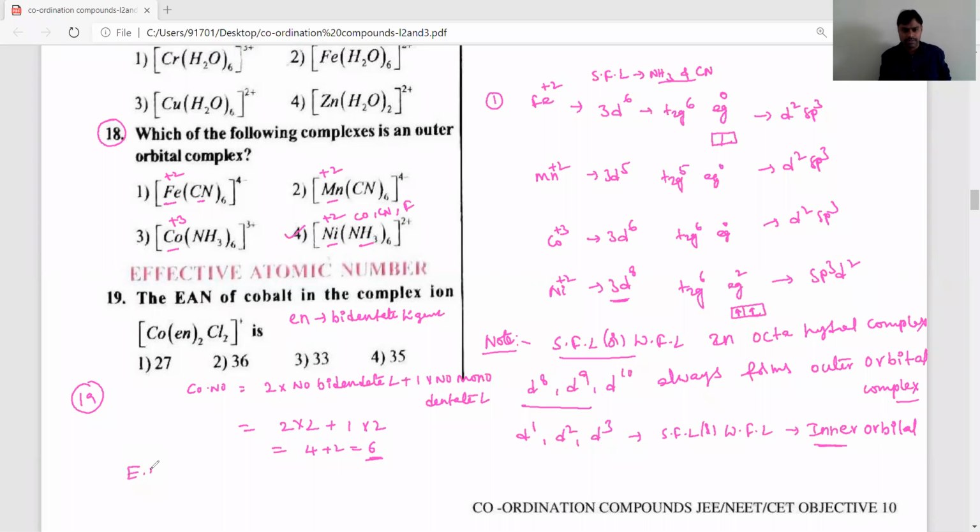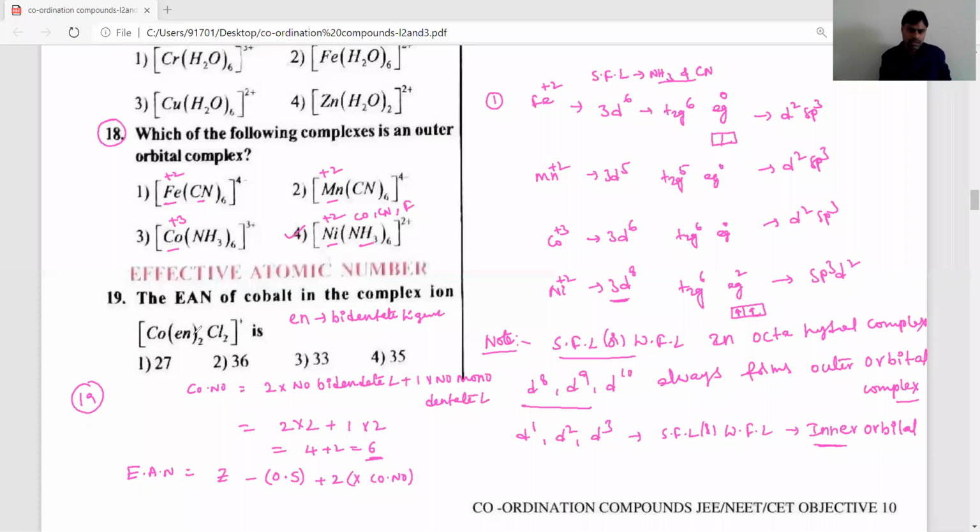Now for its effective atomic number, we have already discussed how to calculate the EAN value: Z minus the oxidation state of the central metal ion plus 2 into the coordination number.